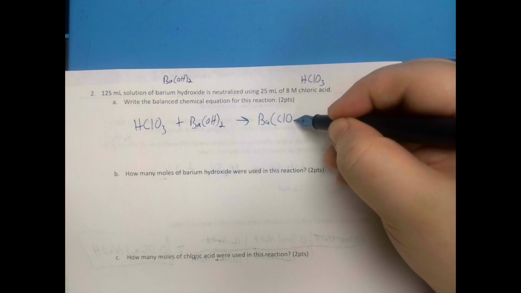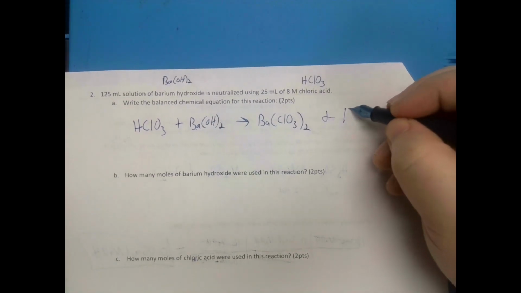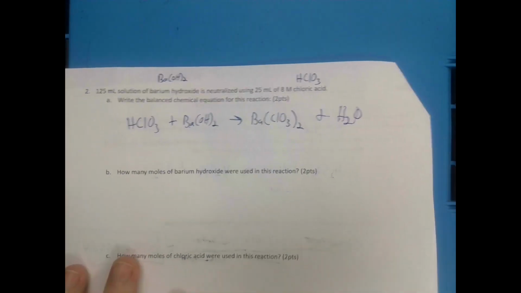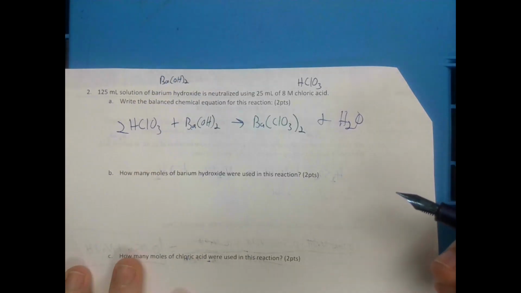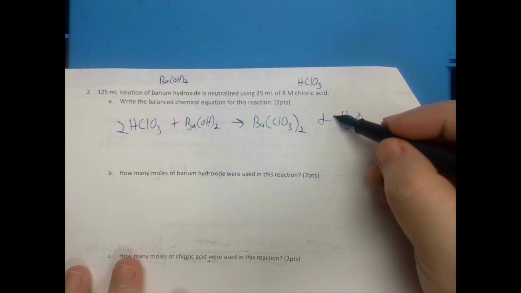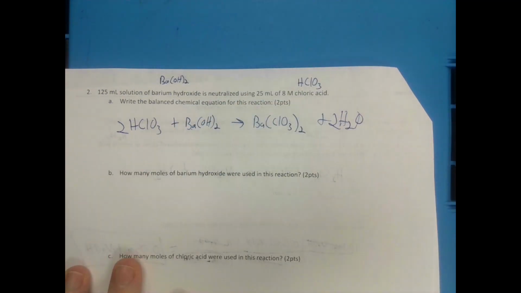Chlorate has a -1 charge, so I need 2 of them, and that gives me water. So I have 2 chlorines, so I need to double that. 4 oxygen, so I need to have 4 oxygens over here. Balanced equation.